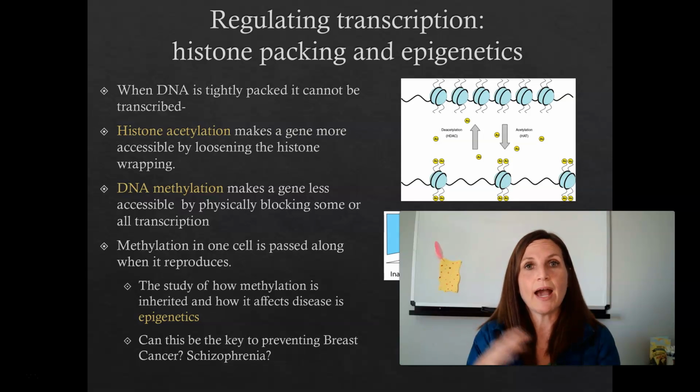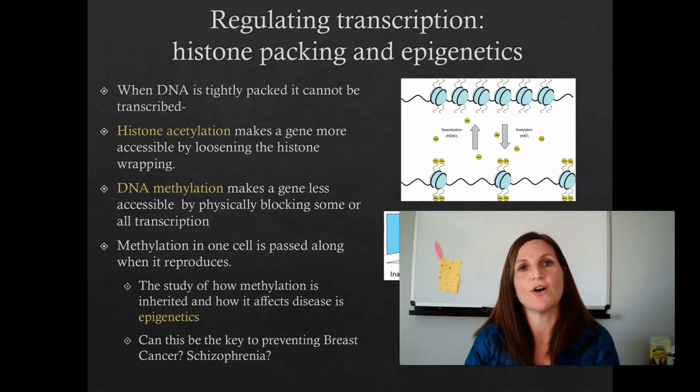Likewise, if you have, let's say, the BRCA gene for breast cancer, but that gene is methylated, the gene stays off for your lifetime, and those methylations get passed along to the next generation as well, keeping your offspring safe. So this leads us to this entire concept called epigenetics.